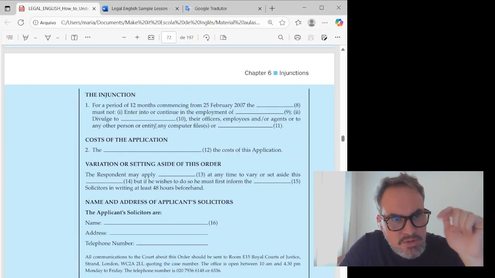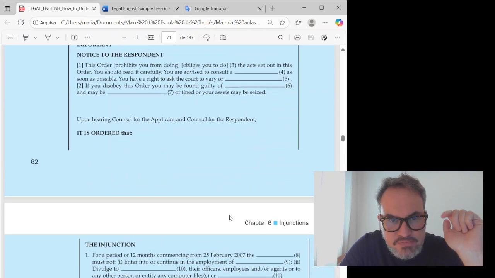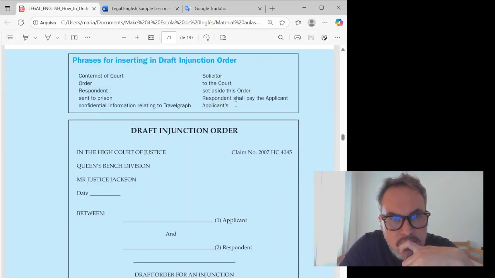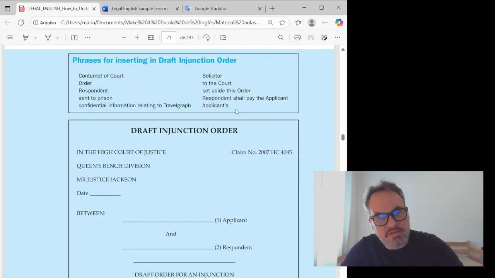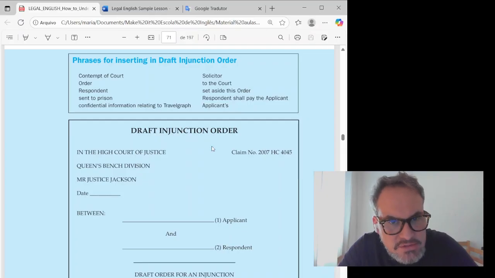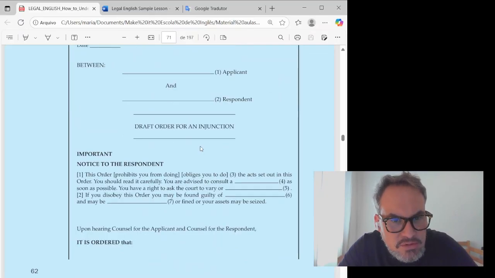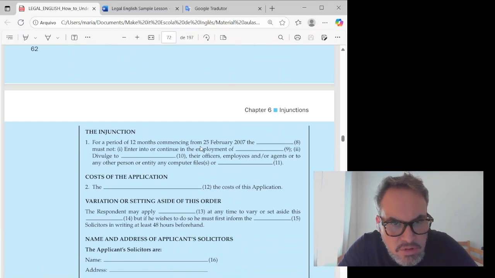So the respondent must not, one, enter into or continue in the employment of, let's say the name of the company, right?